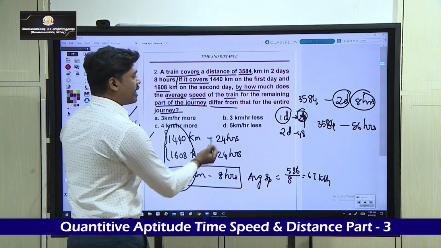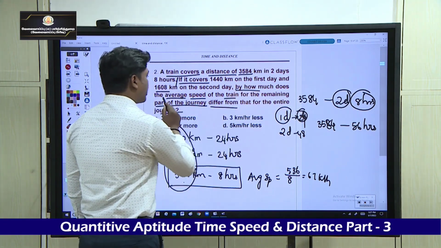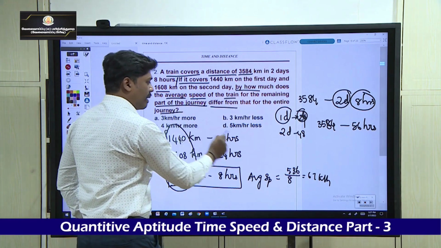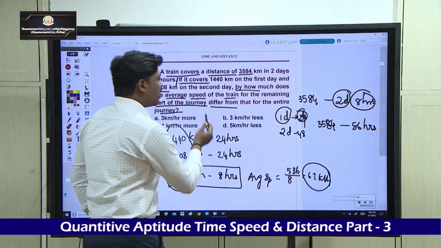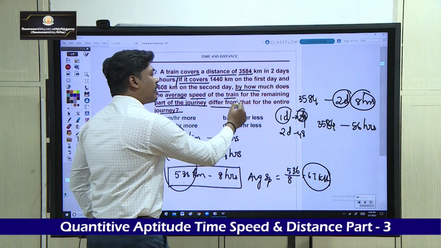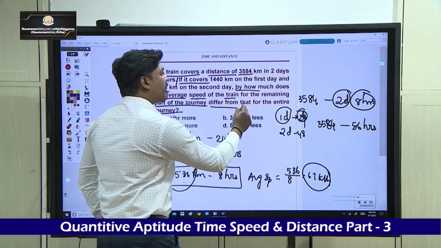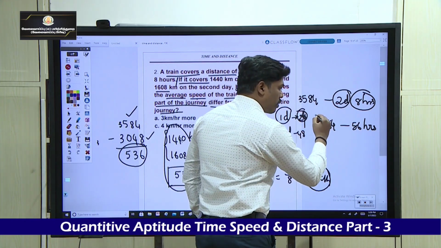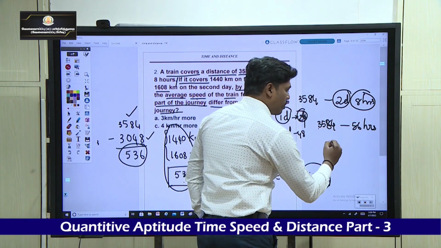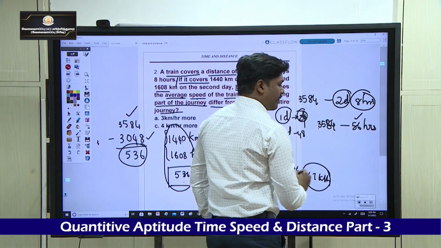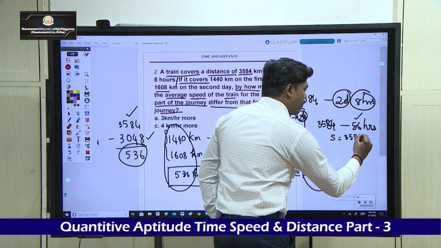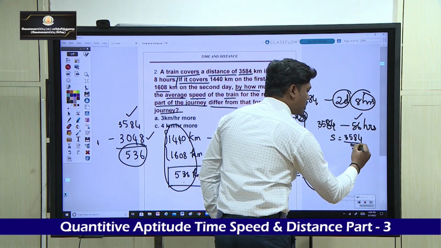So the question asked here is, by how much does the average speed of the train for the remaining part, which is 67, differ from that of the entire journey. So for the entire journey, what is the speed? Total distance 3,584, time taken 56 hours. So speed here is 3,584 divided by 56.